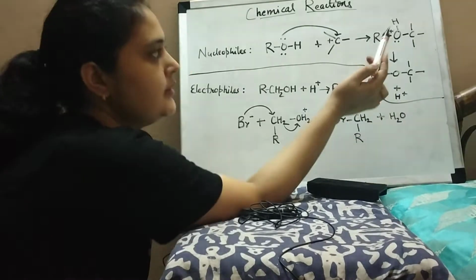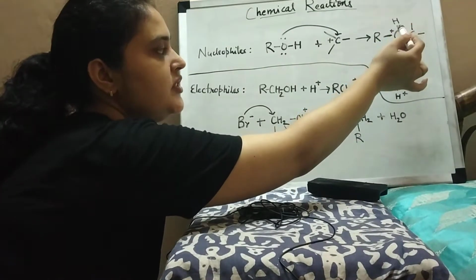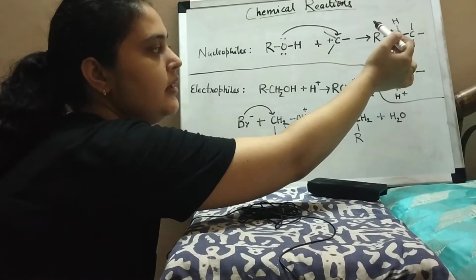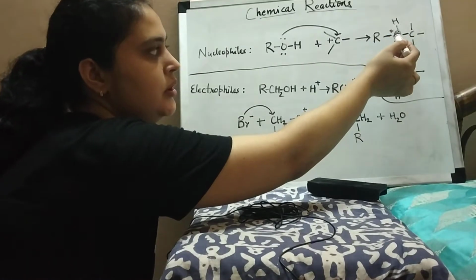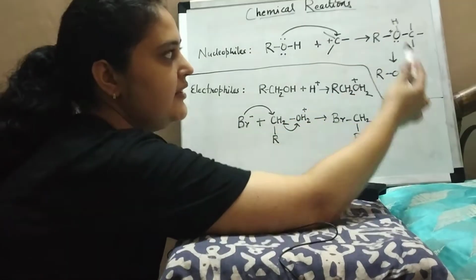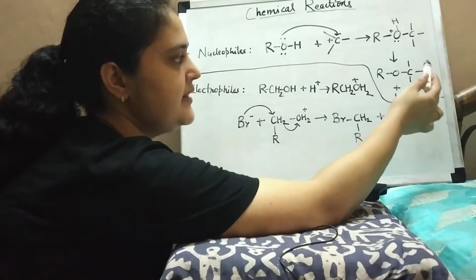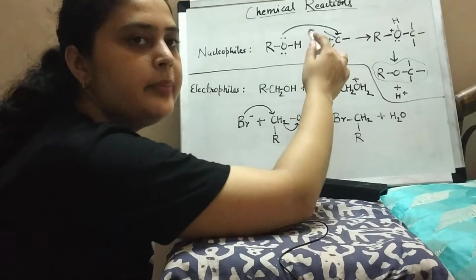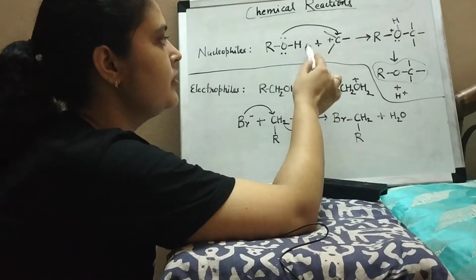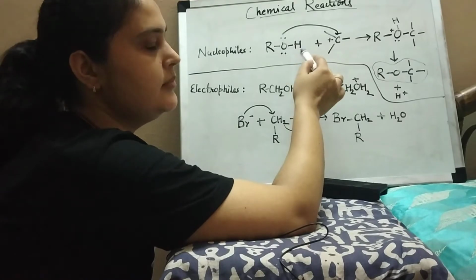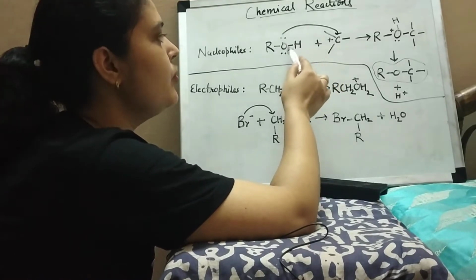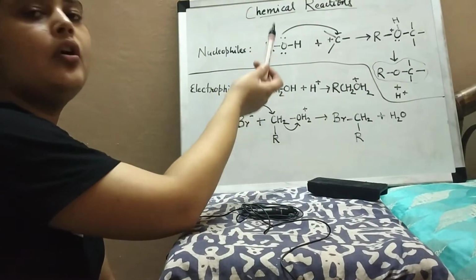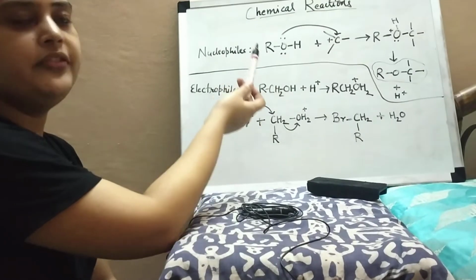Now the hydrogen atom attached to the oxygen atom gives the electrons back to the oxygen atom and leaves as an H plus ion. So this is our product. Ultimately the hydrogen atom is leaving and the OH bond is broken down. This is what happens when alcohol or phenol acts as a nucleophile.